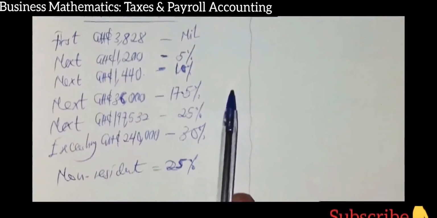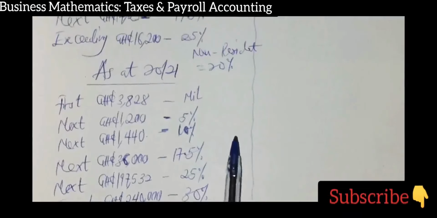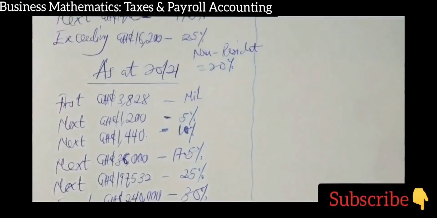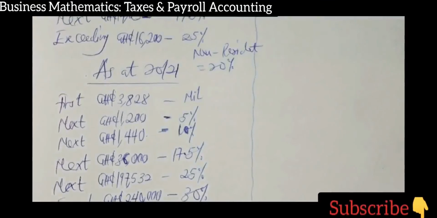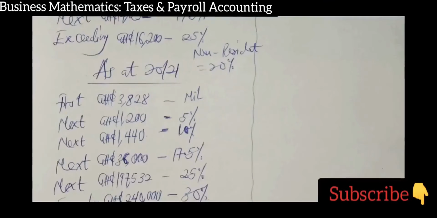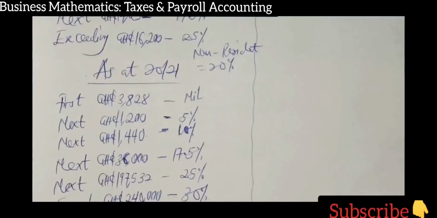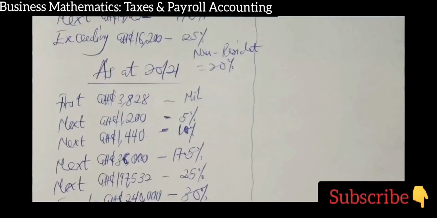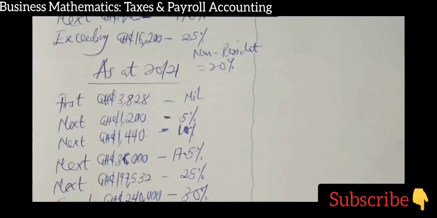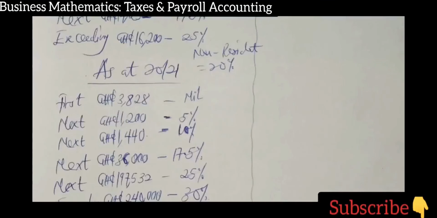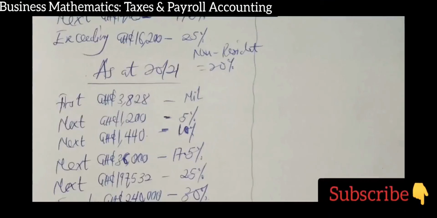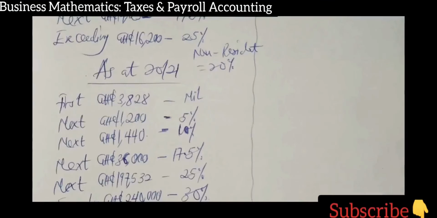Alright, so we are going to take a question on that. As I said, the aim of this lesson is not to go deep into taxes and how things are done in tax organizations. Our aim is just to calculate tax on a simple basis, like sales tax, income tax, and other things, given percentage rates.